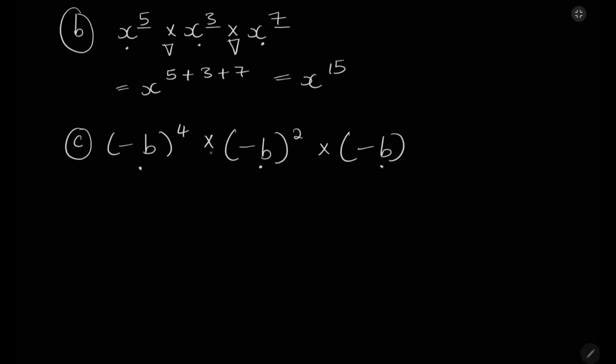Are the bases multiplied? We have a times here and a times there. Yes, so we write down our base, which is negative b. For our exponents, we have 4, 2. This is basically negative b to the power 1. You know this because it's grade 8 work that I did in the previous playlist. So you have to say 4 plus 2 plus 1, which is negative b to the power 7. 4 plus 2 plus 1 is 7.